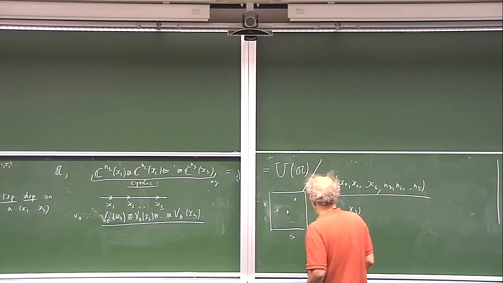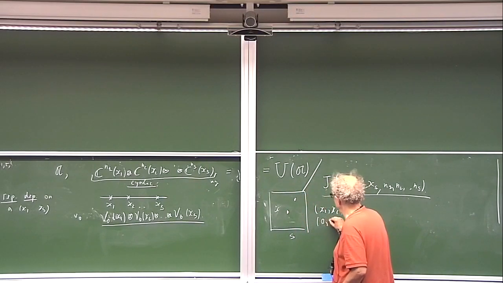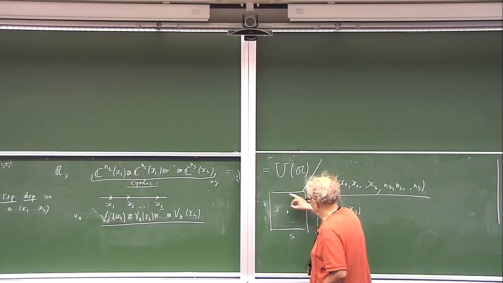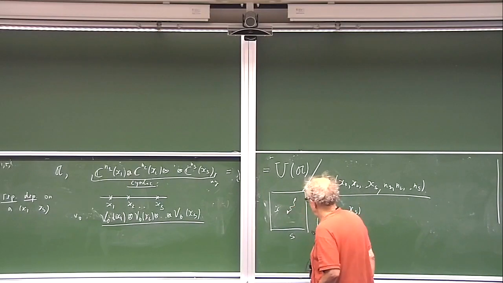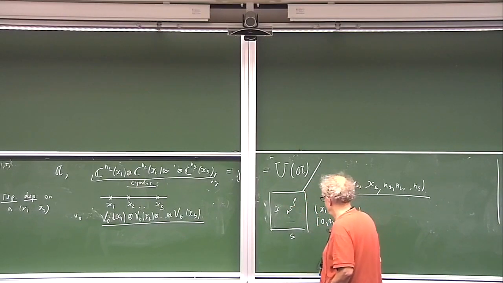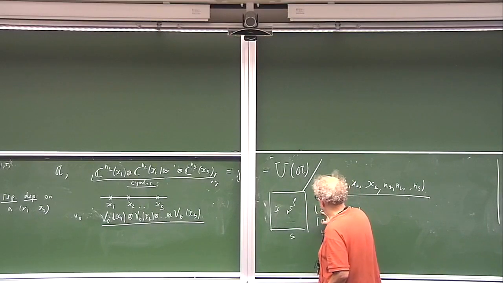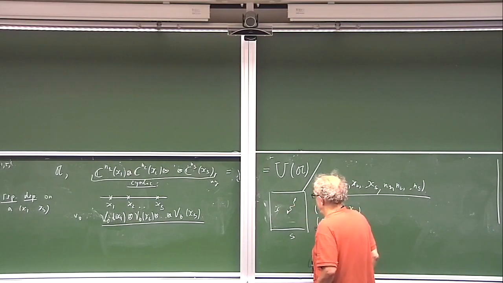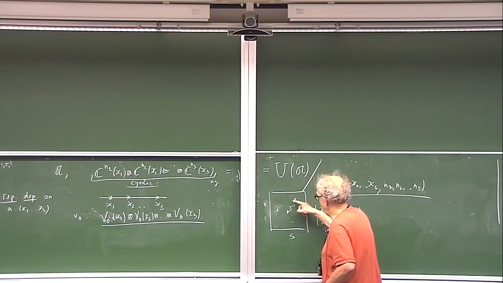Suppose I am interested in the point 0, 0, 0, 0. Then on the vector space of parameters I can choose some way in which x1, x2, and so on, xs depend on a parameter t along a line, and it is going to 0.